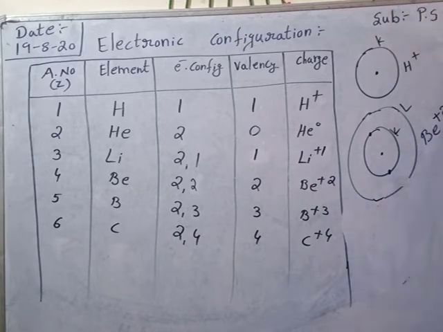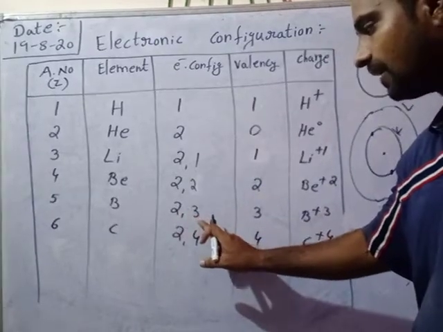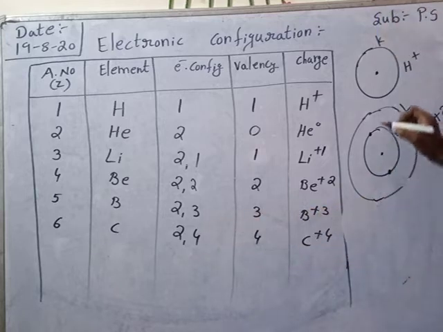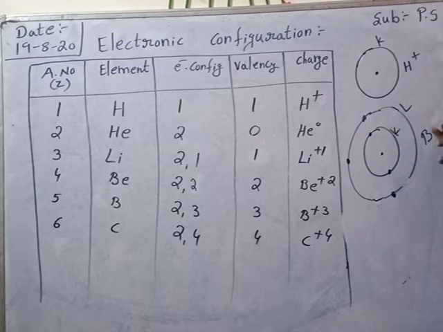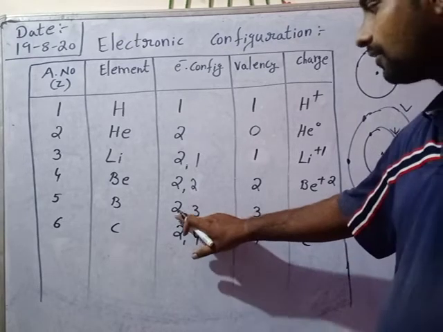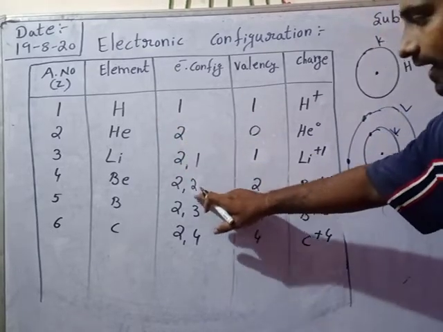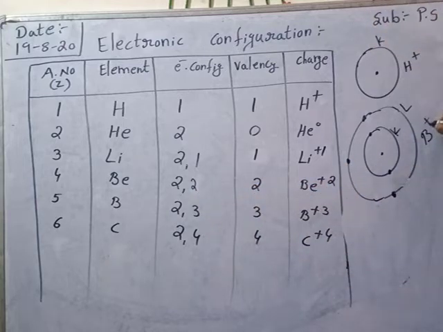Clear all of you? Now take boron. Boron electronic configuration is 2, 3. Boron has 3 electrons in the outermost shell. To reach helium electronic configuration, boron loses 3 electrons. Losing means plus, so the charge is plus 3.